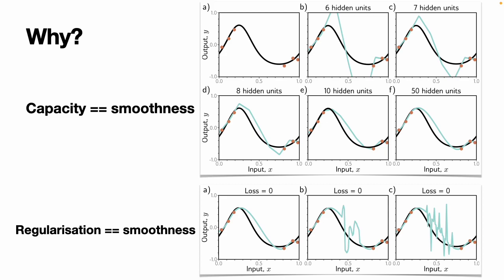So the quote here: if the modern regime of double descent is explained by increasing smoothness, then what exactly is encouraging this smoothness? The answer to this question is uncertain, but there are 2 likely possibilities. Possibly it's the initialization of the network, that is, how you initialize this thing for the optimization.